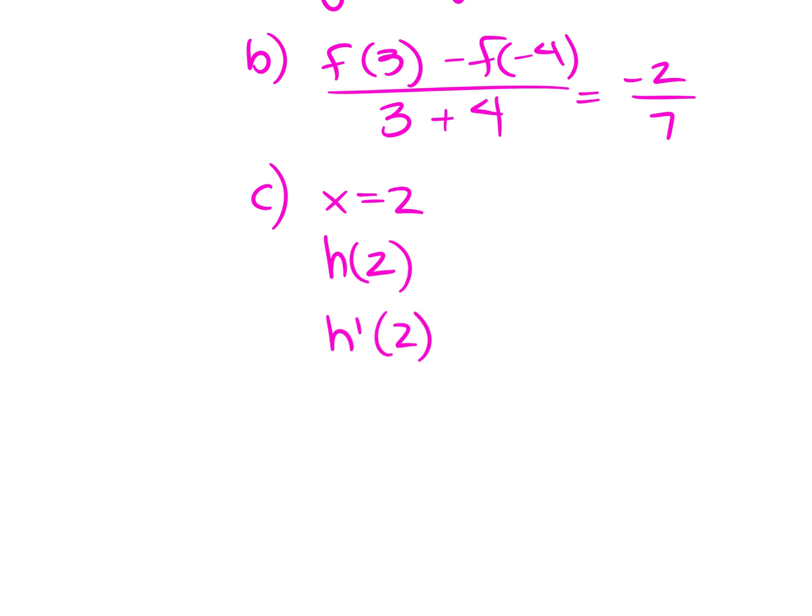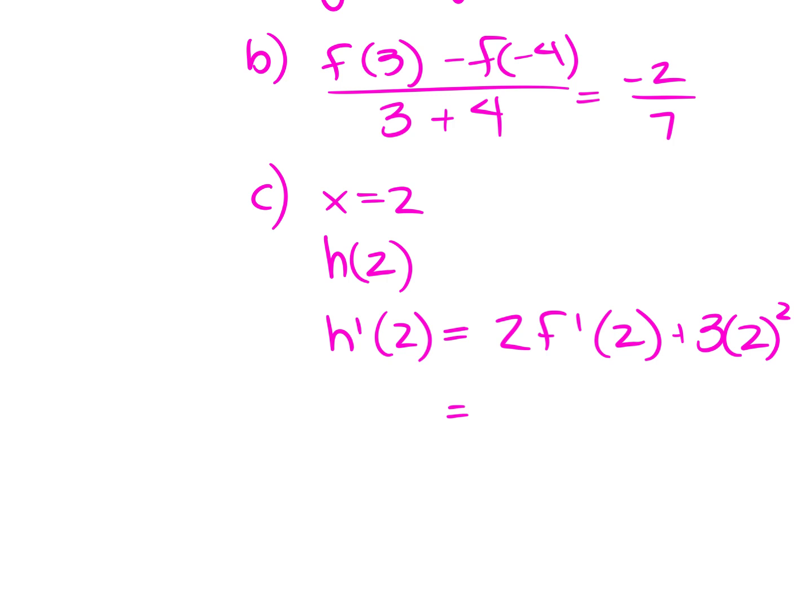So point 1 was for finding h prime and plugging in 2 to get your slope. H prime should have been 2 f prime of x, I'll just plug in my 2, plus 3x squared. What do we get from this for our slope? 8.